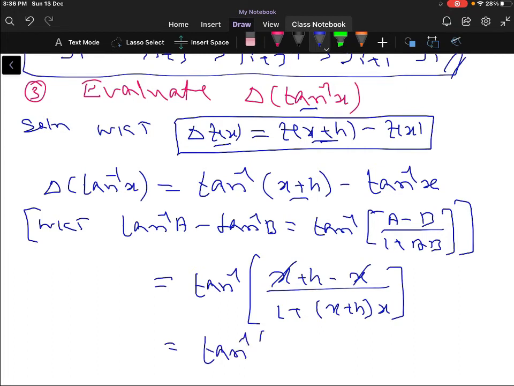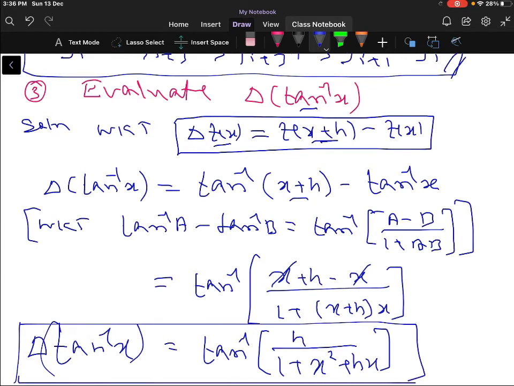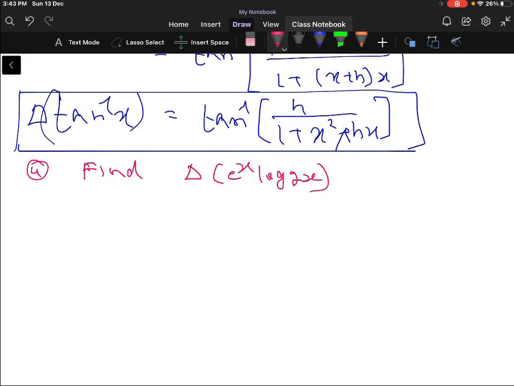That is equal to tan inverse of h by 1 plus x square plus hx. So this is the delta of tan inverse x, where h is the difference of any two consecutive values of x. So now we'll move to the next problem.